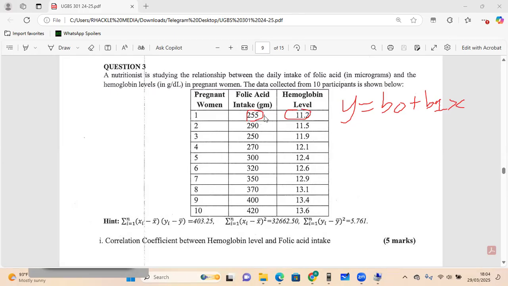This is going to be X, and this is going to be Y. So Y here is 11.2, which is equal to B0, we don't know, that's what we are looking for, plus B1, we had 0.0123, and then X is 255.